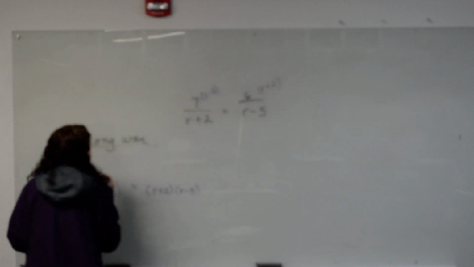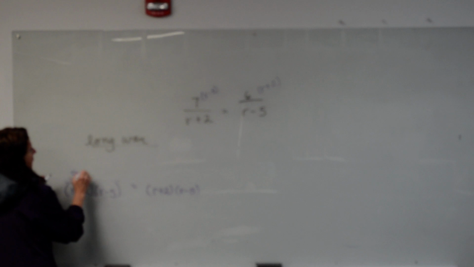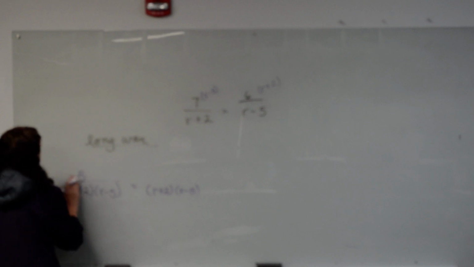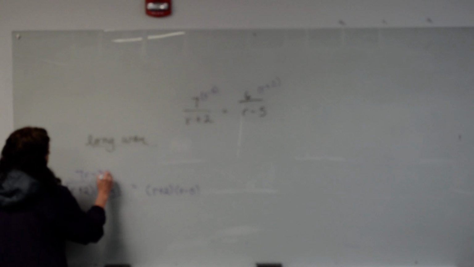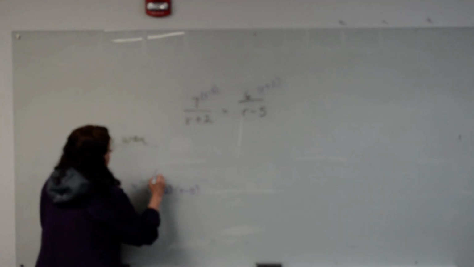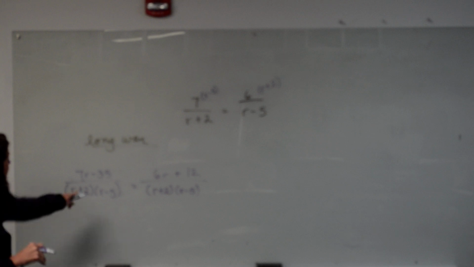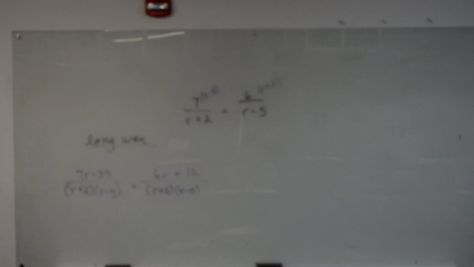Okay, so over here I've got 7r minus 35, and over here I've got 6r plus 12. What's my next move? How do I get rid of what's on the bottom? If I have the same thing on the bottom, what can I do? Multiply.